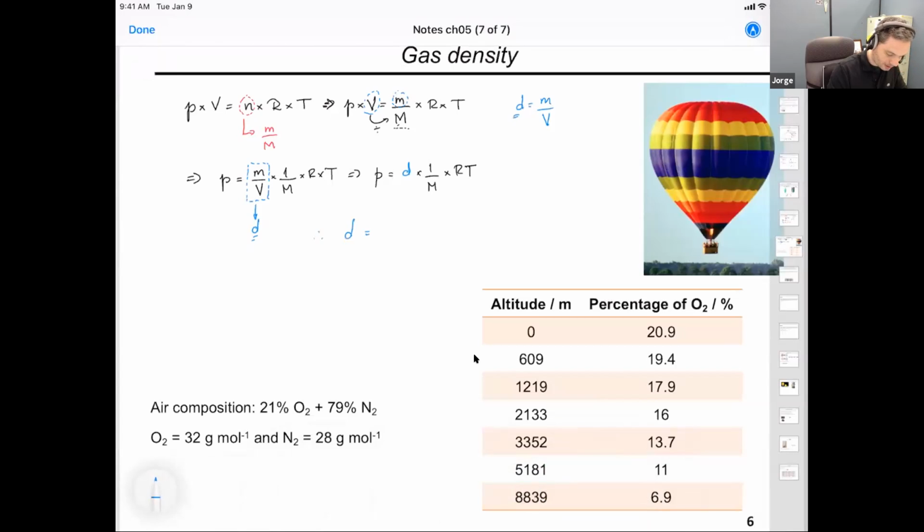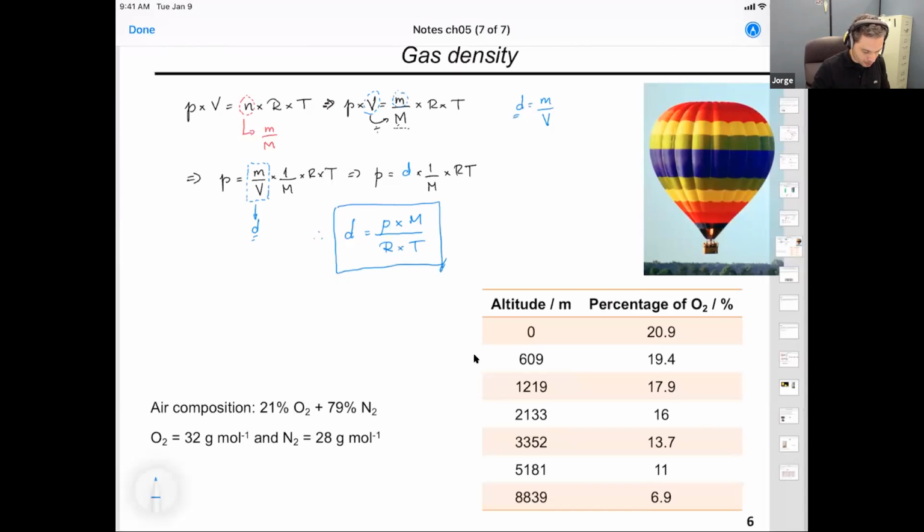Therefore, density of a gas is always equal to pressure times molar mass over the universal gas constant times the temperature. And that's how you calculate the density of an ideal gas.